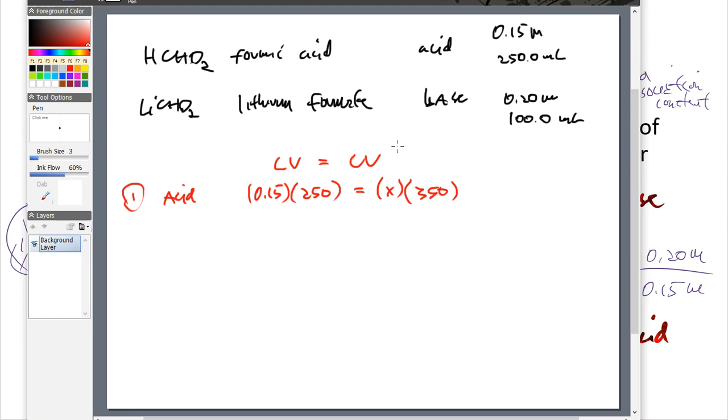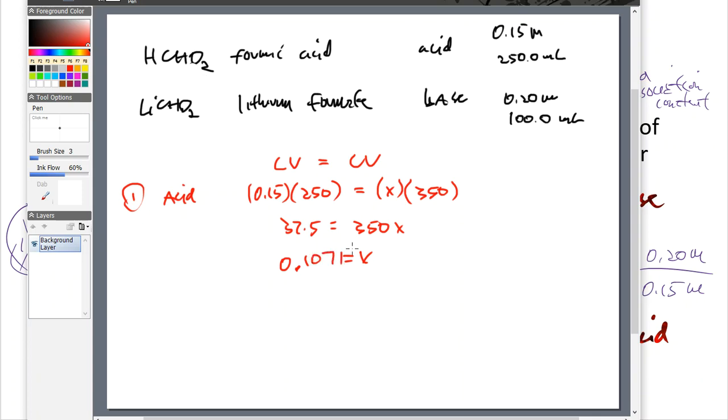So 0.15 times 250 is 37.5 equals 350 times x. So I'll take 37.5 and divide by 350 in order to solve for x on its own, right? You always do the opposite of 350 times x. You're going to divide by 350 to get x by itself. And what you do to one side, you've got to do to the other. So that means that my concentration here is 0.1071.